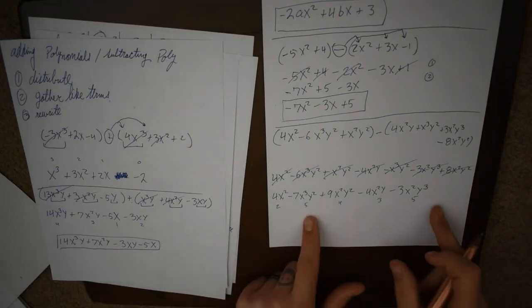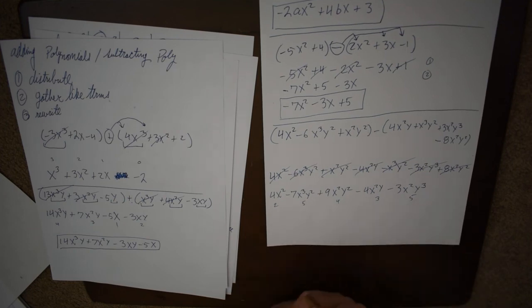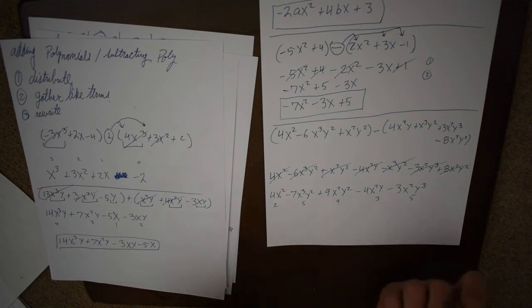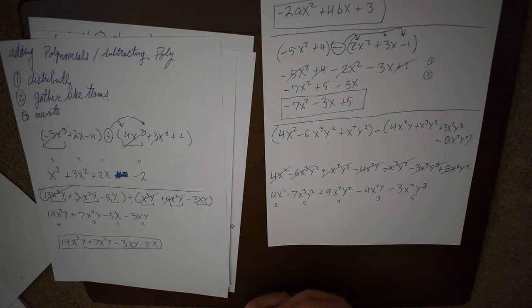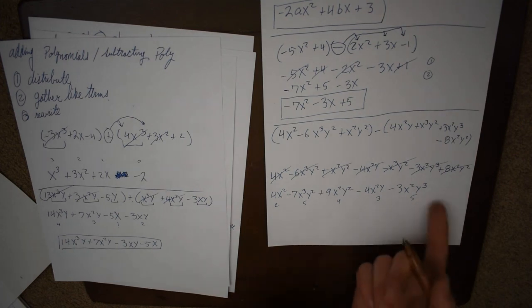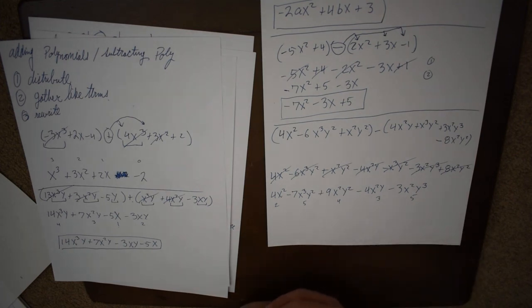So we have two different terms we can pick as our leading term. It doesn't matter which one you pick for this sake. If we said that this was a polynomial of one variable, then we would pick the appropriate variable. But we can pick either of these to be our leading term.